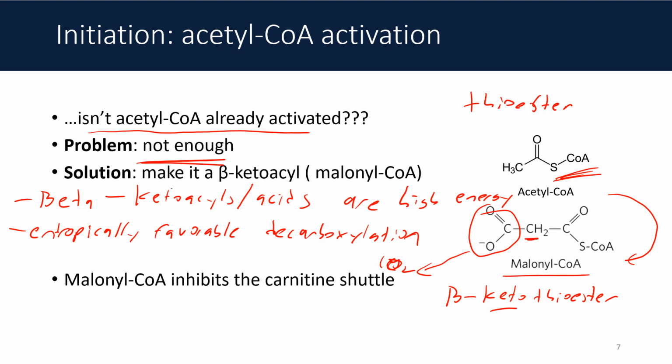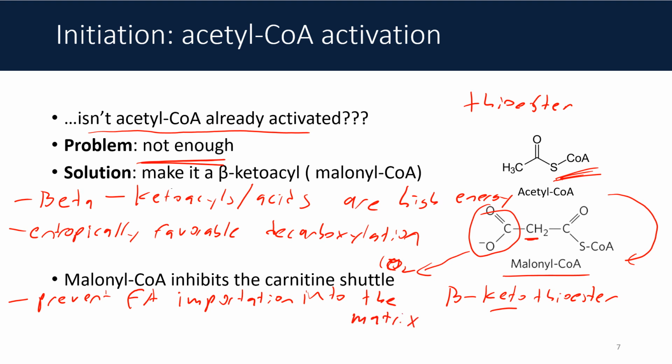Another quick note about malonyl-CoA, it's not only the essential feedstock for the elongation steps coming up next, it will inhibit the carnitine shuttle that we learned about in last lecture. This will prevent fatty acid importation into the matrix.